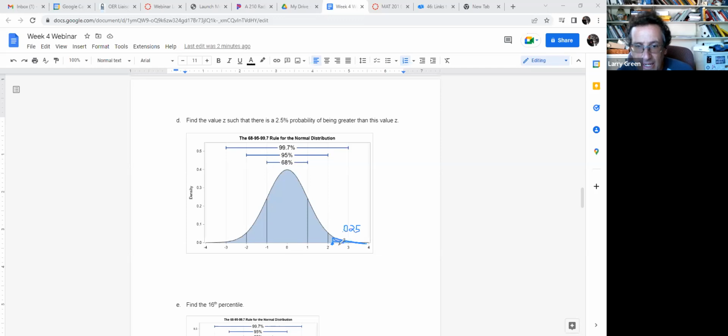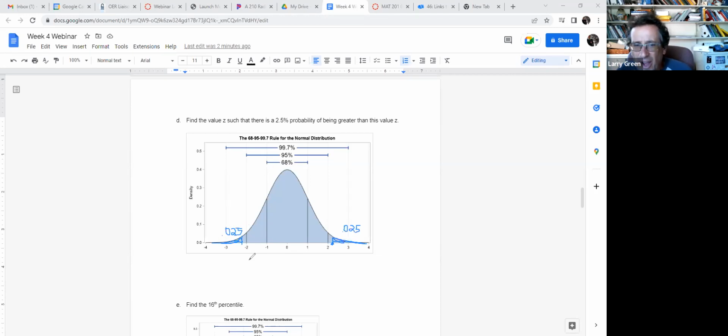So I can write down over here that the area on the other side, the other tail, is also 0.025. Any questions on that so far?